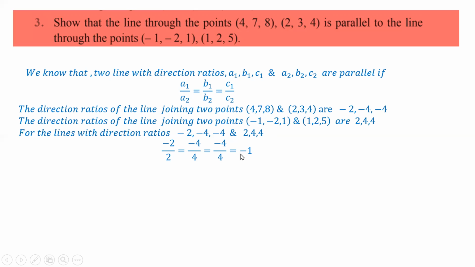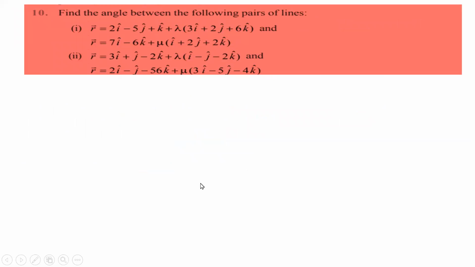So these ratios are all equal to minus 1. That means these two lines satisfy the condition, hence the given lines are parallel to each other. This is the solution.